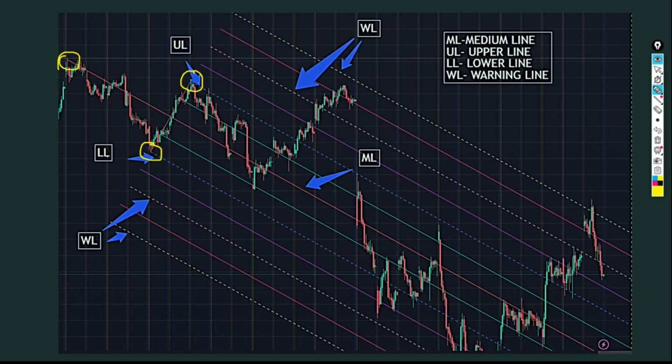To draw a pitchfork, three pivot points are required. This is P0, this is P1, and this is P2.